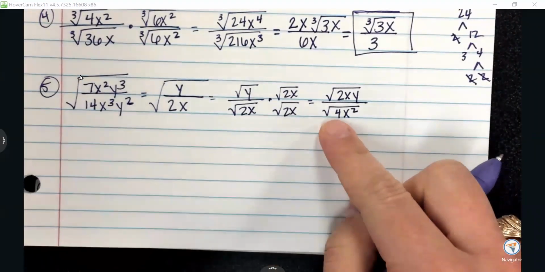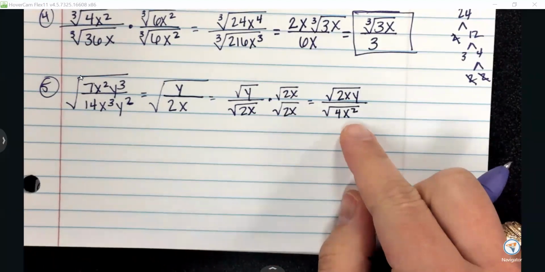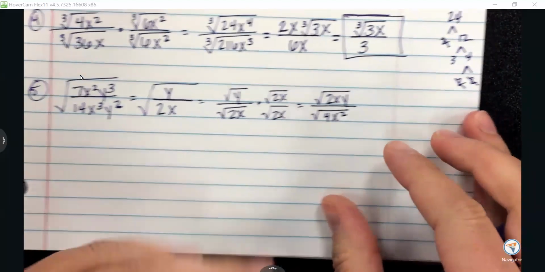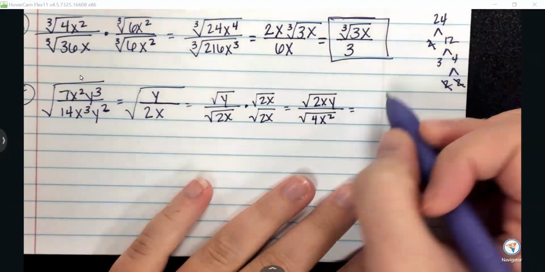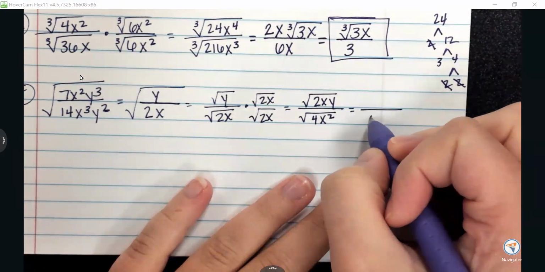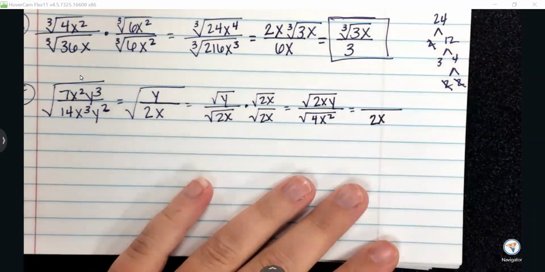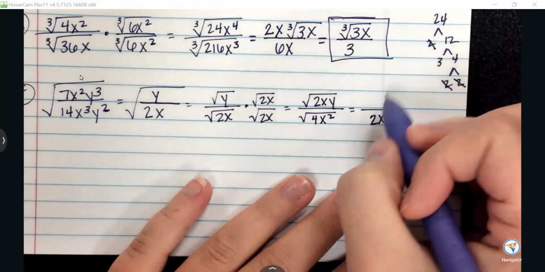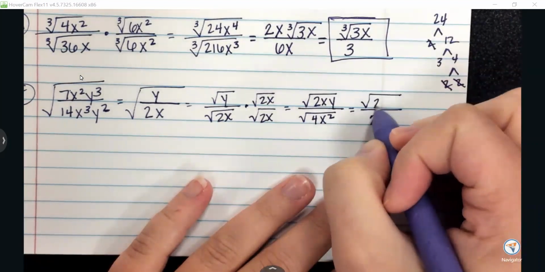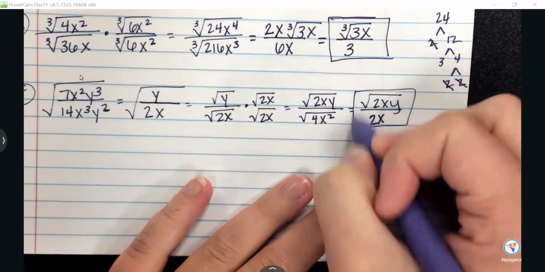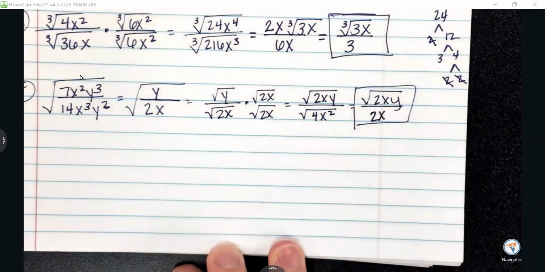Is 4 a perfect square? Is x squared a perfect square? Yes, then I'm good to keep going. So in my denominator, I will have 2x. Can anything in my numerator change? So it'll stay 2xy under a radical. Okay.